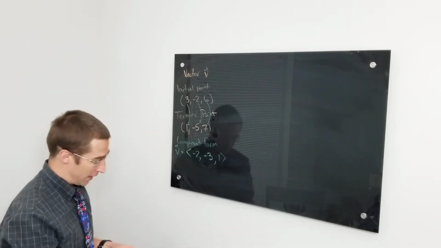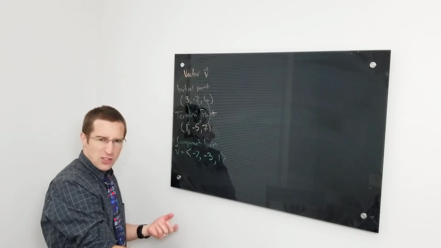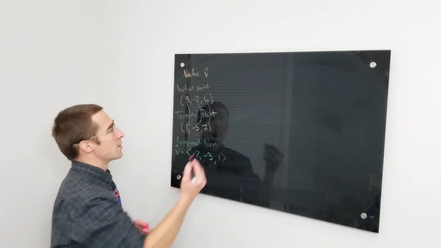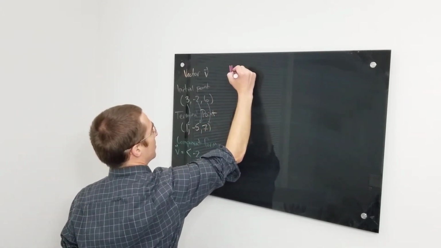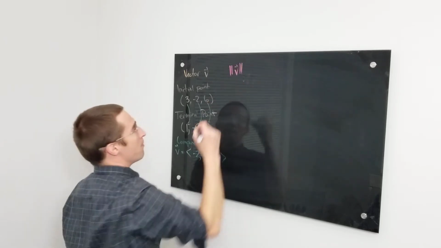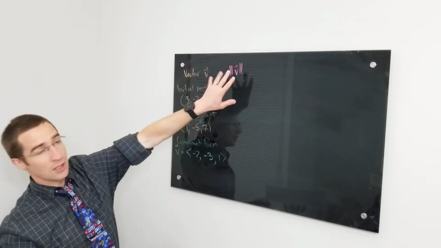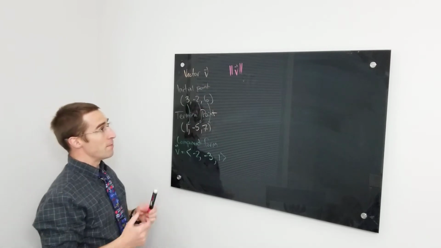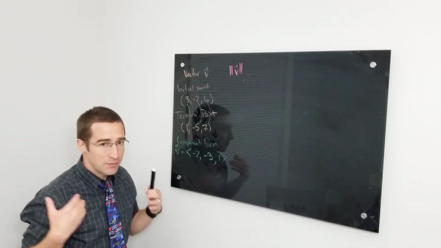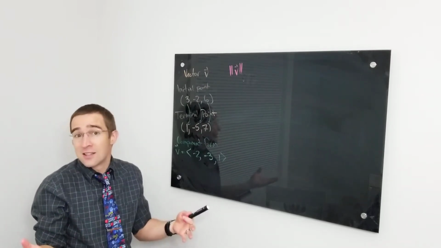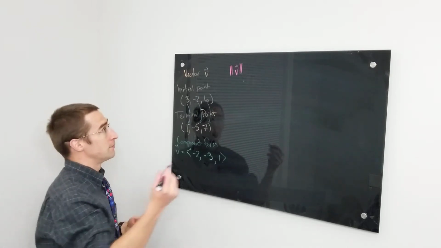Now we could be asked to find the magnitude of v, just like we found magnitude in 2 space. So here, if we're looking for magnitude of v, remember magnitude is with these double absolute value brackets. So the magnitude here is basically just the distance formula in 3 space.